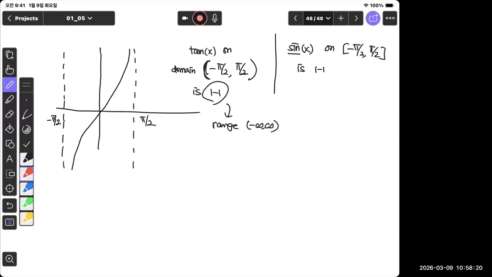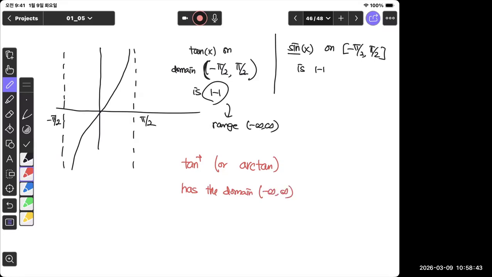So the inverse function, called arctangent, has the domain of minus infinity to infinity.